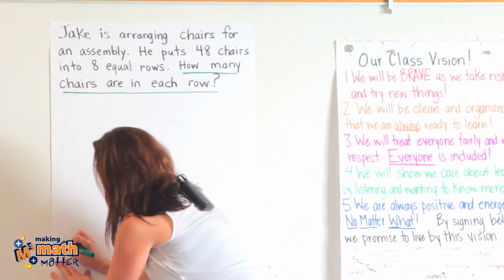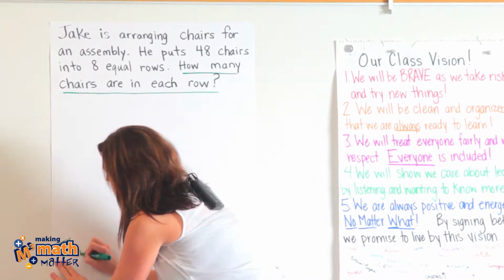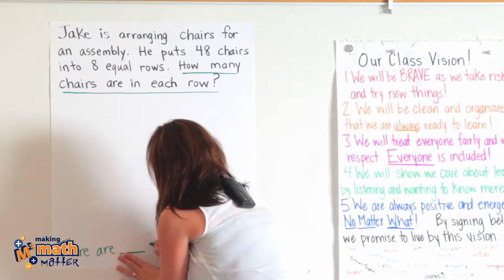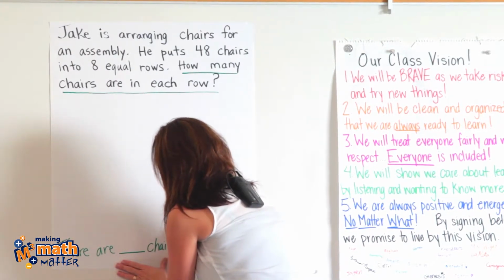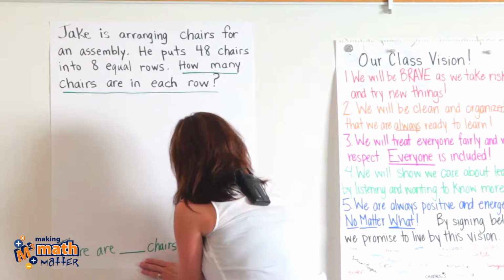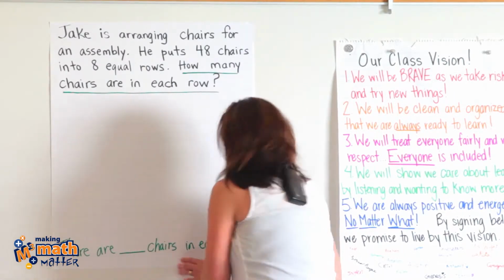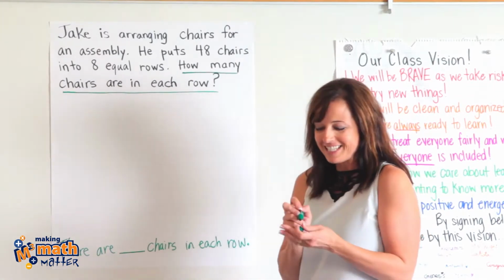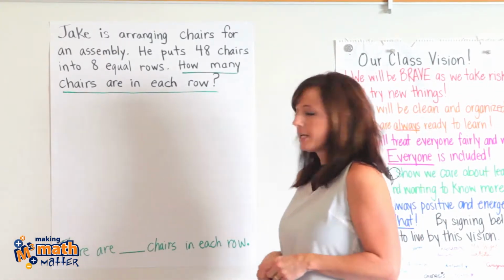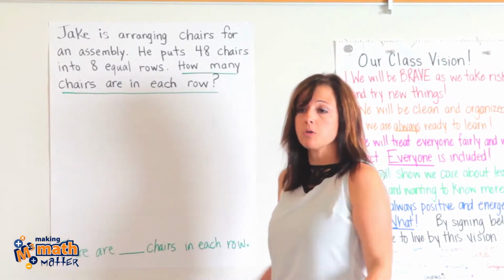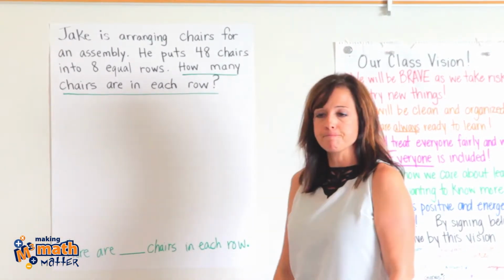So go ahead and write that down at the bottom, giving yourself some workspace. Punctuation at the end, because it's a sentence. There are blank chairs in each row. So when I get done with this problem, I'm going to know how many chairs are in each row. That's what the question's asking me.